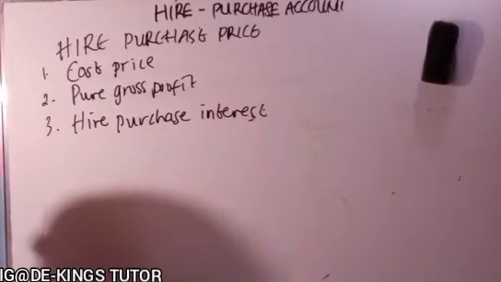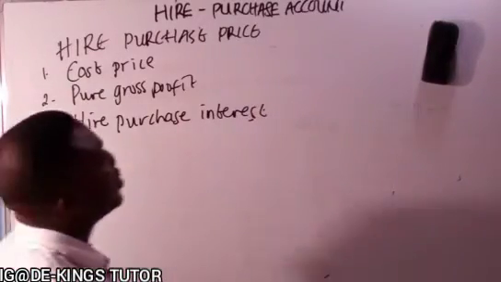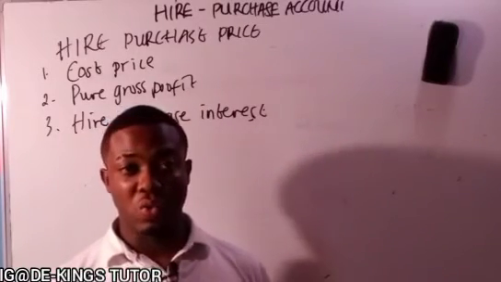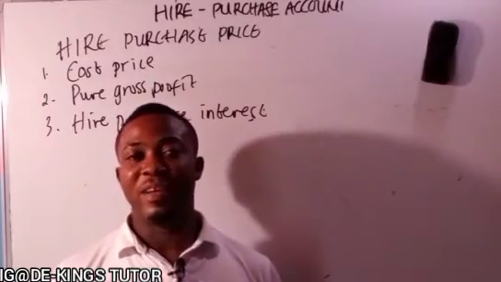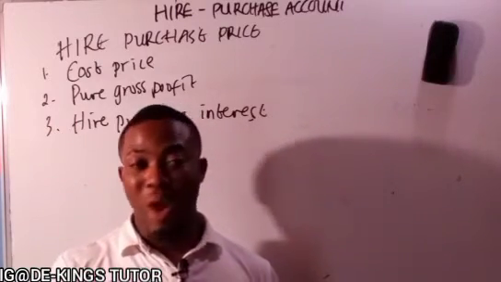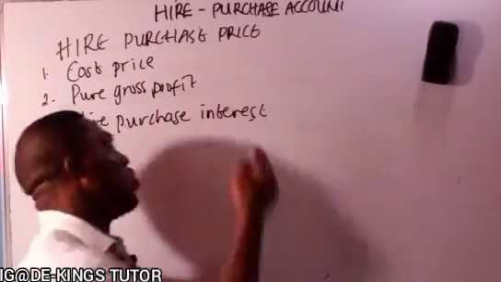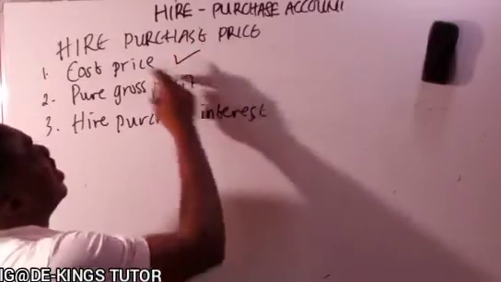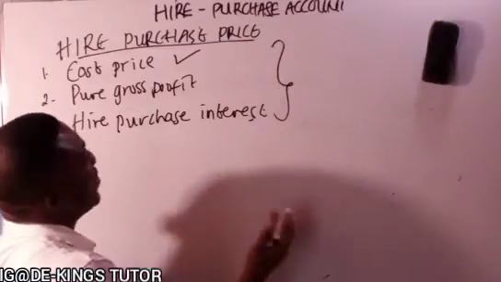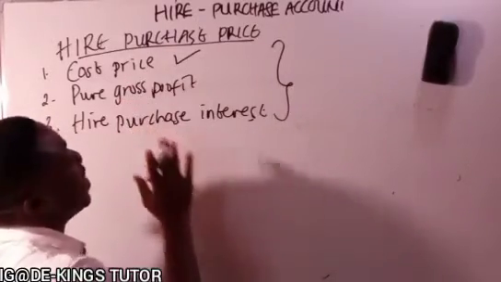The cost price, the pure gross profit, and the hire purchase interest. Now, normally when you have a good or an asset, definitely we have a cost price, the cost at which the asset was acquired. Okay, that is what we mean by the cost price.